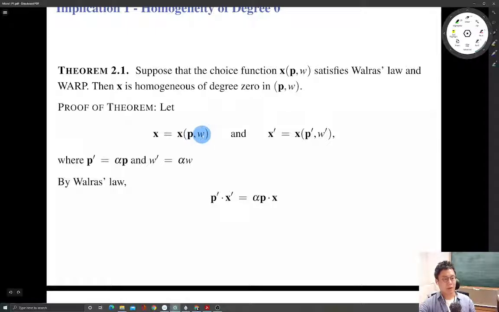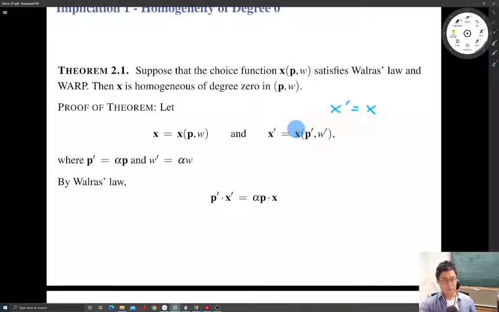Then we increase P and W alpha-fold, so P prime is alpha times P, and W prime is alpha times W. The actual choice made by the consumer is given by this bundle x prime. What we want to show is that this choice function is homogeneous of degree 0, meaning bundle x prime is equal to bundle x.